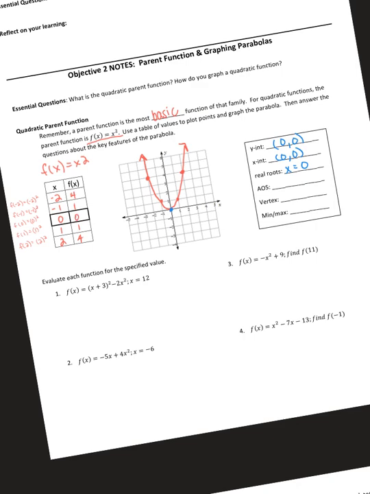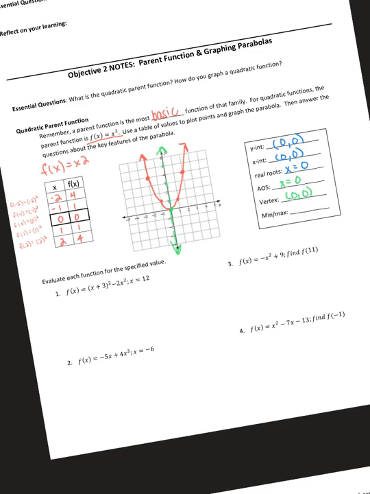There are no others. The axis of symmetry is the vertical line that divides the parabola in half. So it's the equation of this green vertical line, which is x equals 0. The vertex is also the coordinate where the graph has a min or a max. So that's at 0, 0.